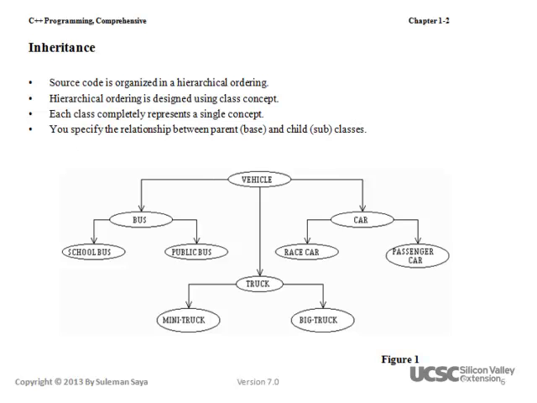When you write code in C++, you first have to come up with multiple classes, and your job will be to separate them out and create dependencies between the classes. Hierarchical ordering is designed using the class concept, and that's how you will make one class inherit another class, meaning you will create the concept of a parent and child class, or a base class and a subclass. Each class completely represents a single concept.